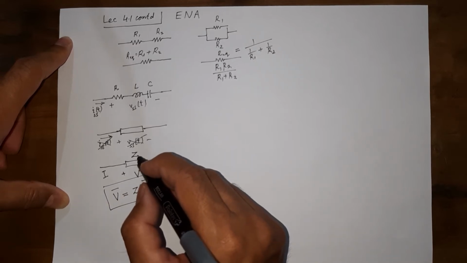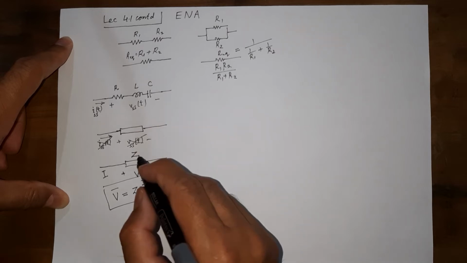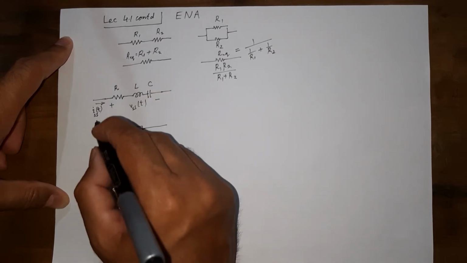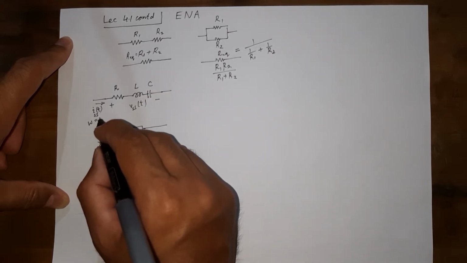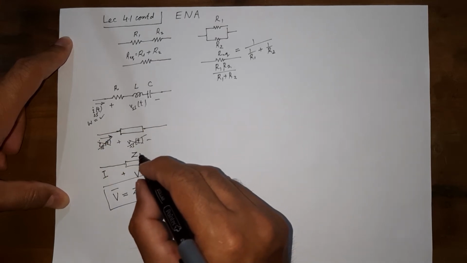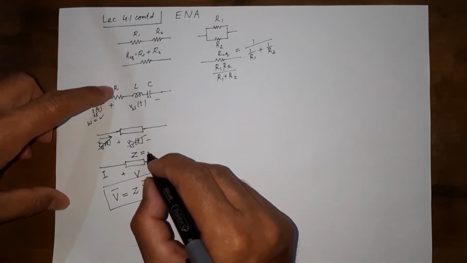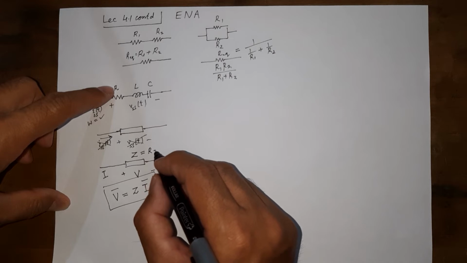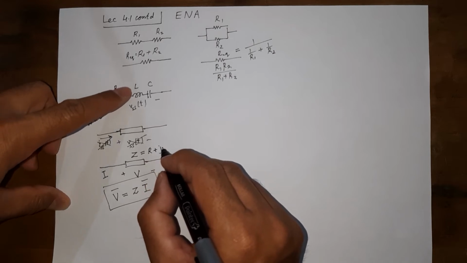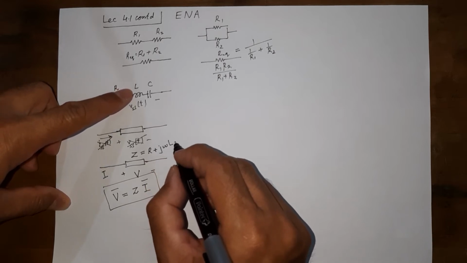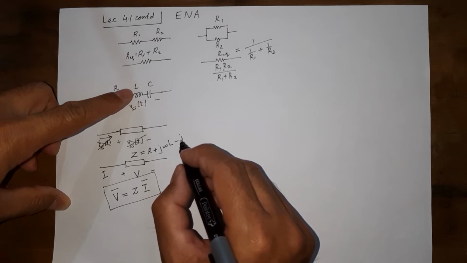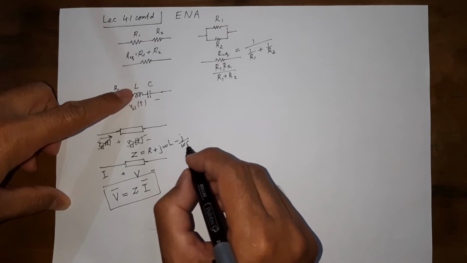And how is this computed? For this circuit, if we know omega, so say omega is known here, then this Z would be equal to R plus jωL minus j over ωC.